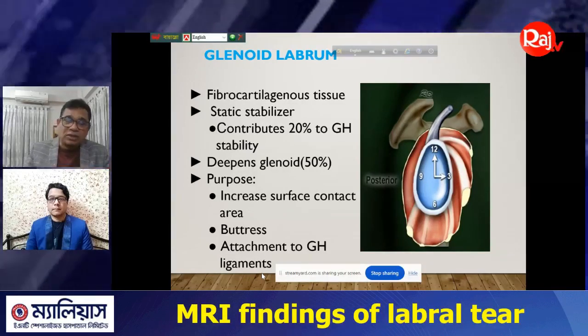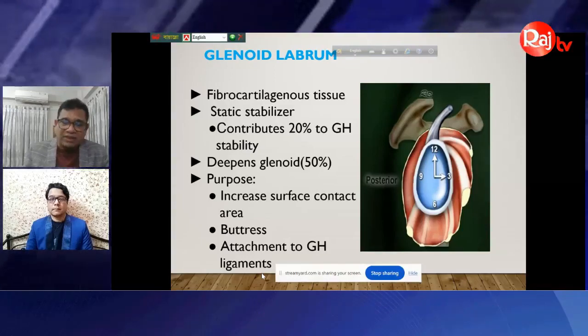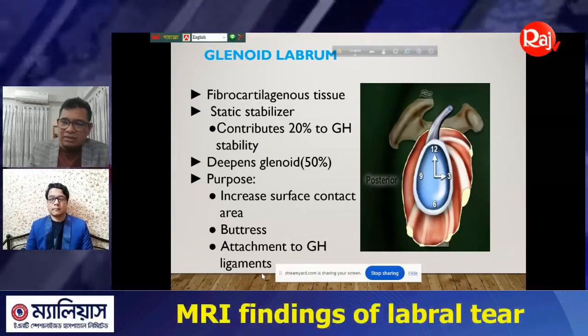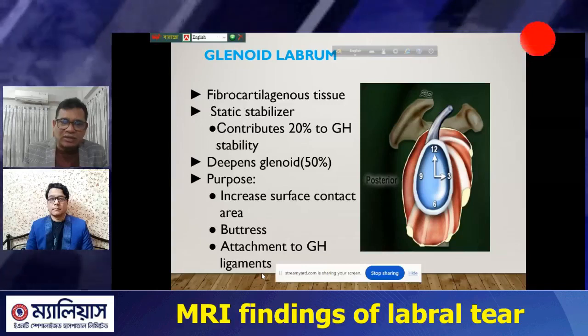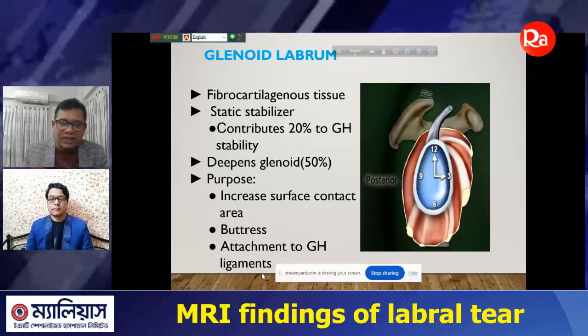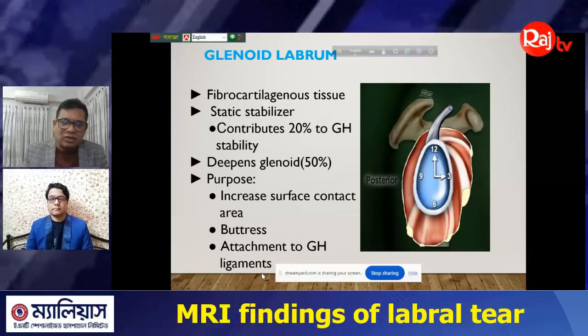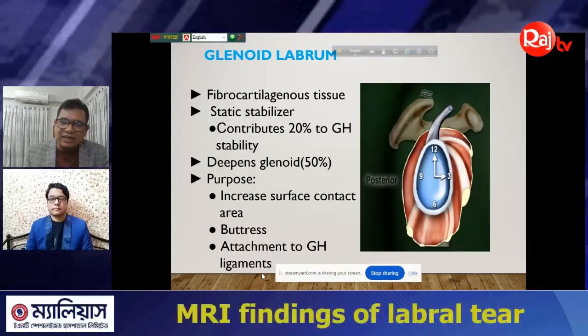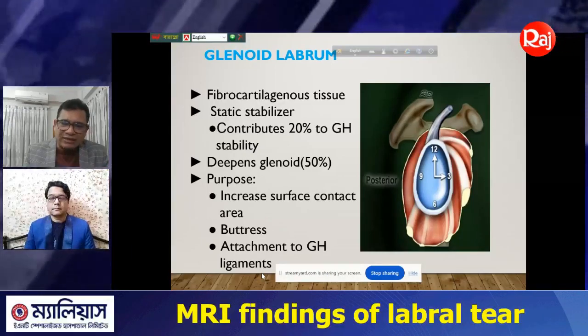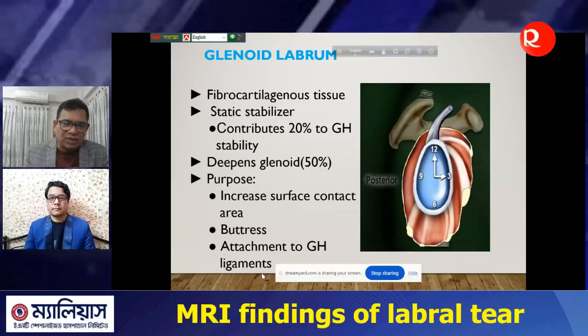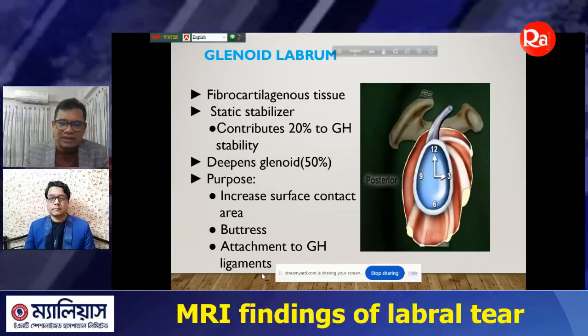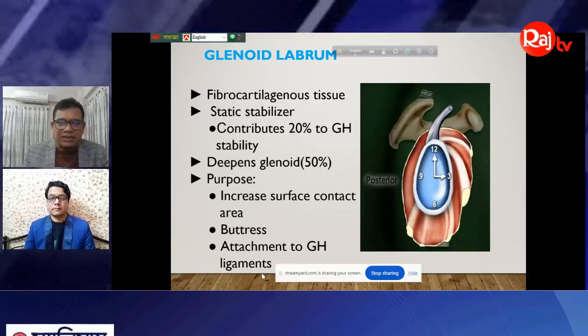It also deepens the concavity of the glenohumeral joint by about 50%, increases the surface contact area, and buttresses the joint, as well as providing attachment to the glenohumeral joint. All this purpose is served by the labrum.